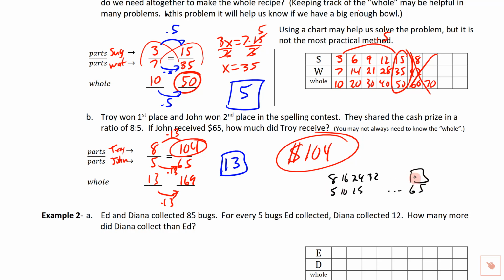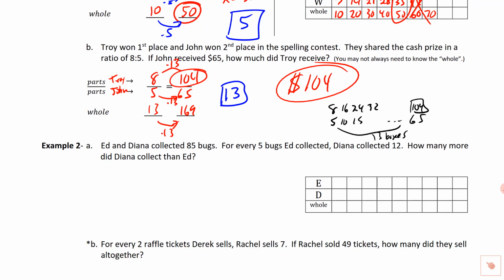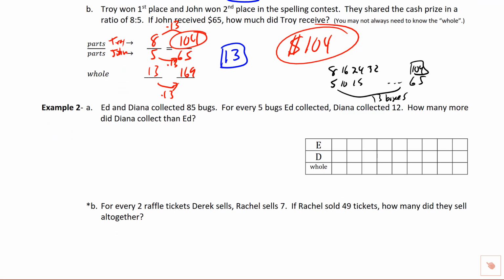We end up going a long way, and again this would be 104, but remember how I told you could figure out what the scale factor is? You have to do 13 boxes. You'd have to fill up 13 boxes, and that's the scale factor in order to figure out what those numbers are. So it would be a really long table, a really long chart like that, kind of a pain.